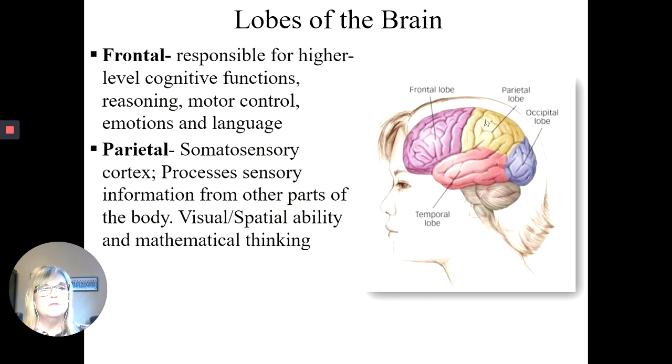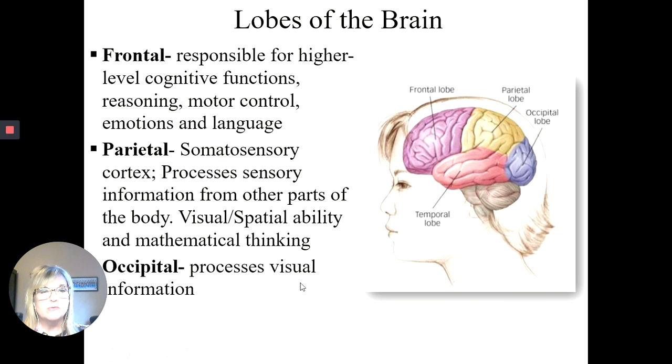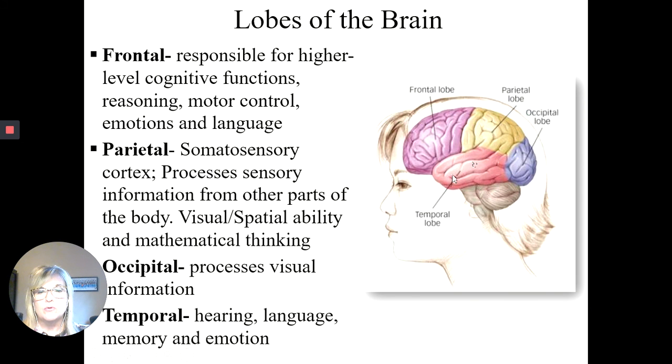The parietal lobe is right behind there, and it processes all of our sensory information, and it has what we call the somatosensory cortex here that processes that sensory information. It also has a lot to do with our visual and spatial ability and our mathematical ability. And then the occipital lobe here in the back has to do with our visual information, and the temporal lobe has to do with hearing and language, memory, and emotion as well.